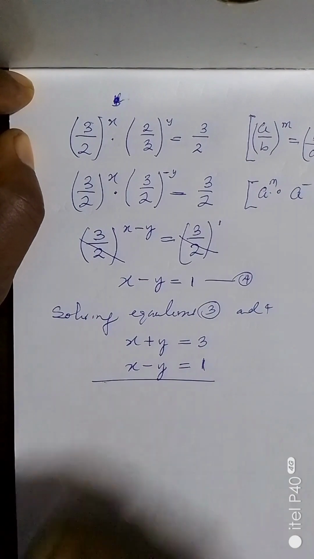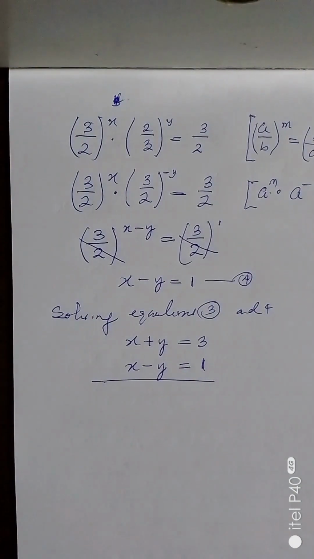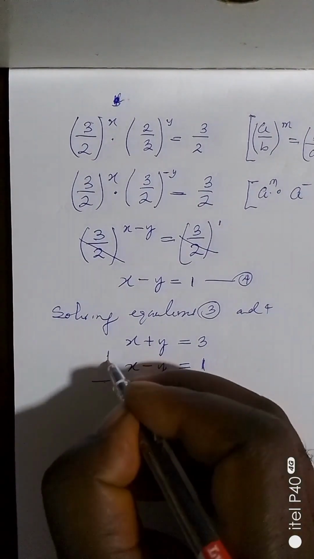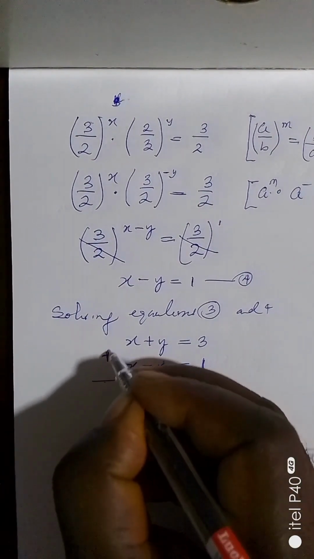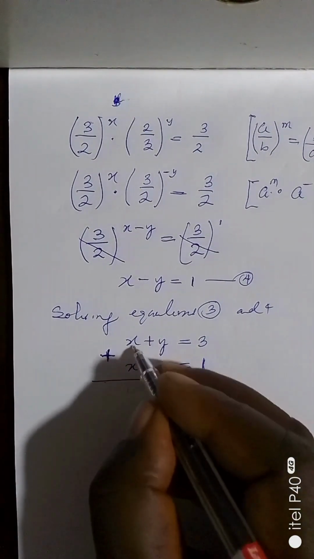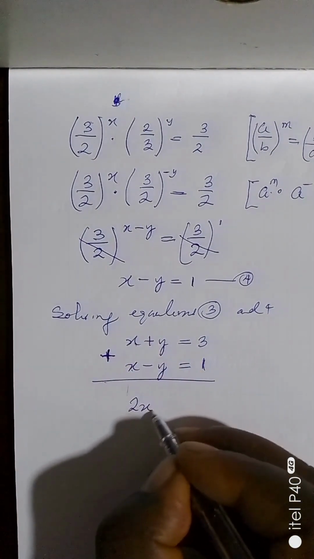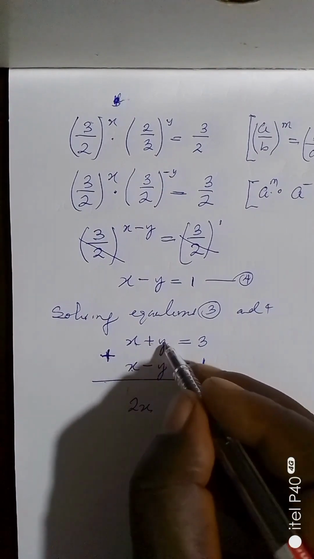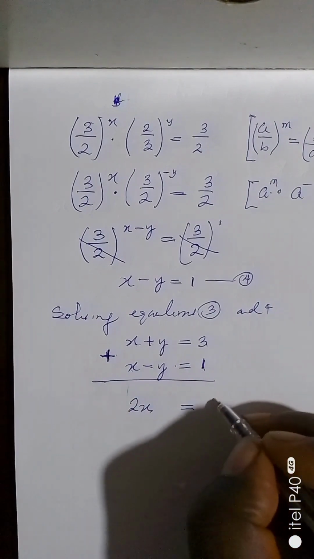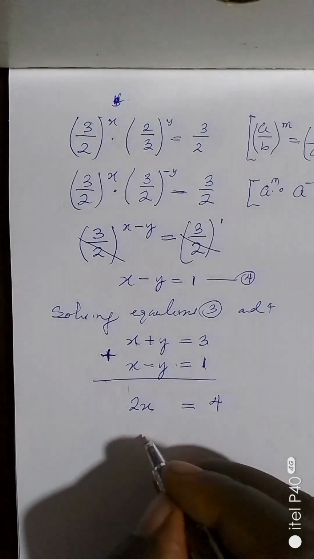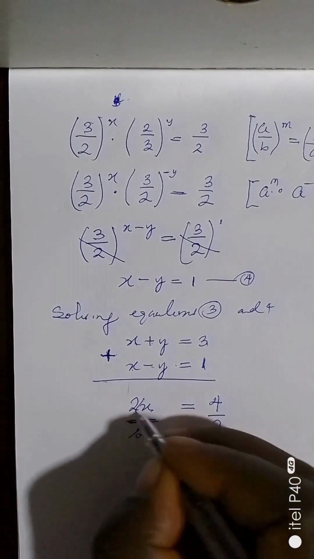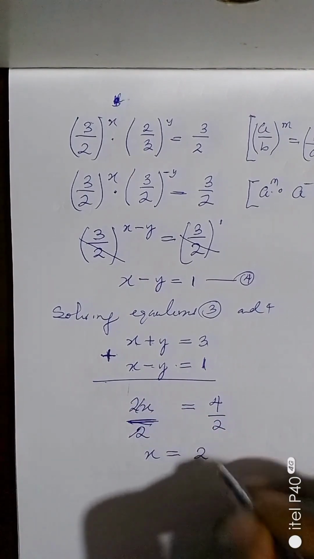Once we apply the elimination method of solving a pair of simultaneous equations, we are going to have these values. First, let's add up the two equations. x plus x gives us 2x, y plus minus y gives us 0, and 3 plus 1 gives us 4. Divide both sides of the equation by 2, so x is 2.